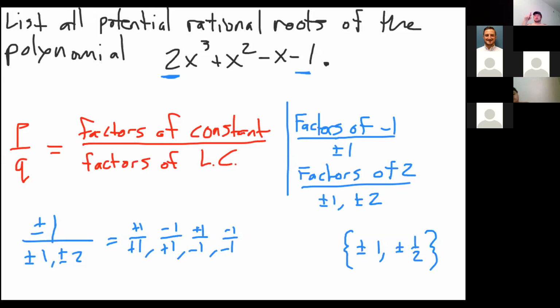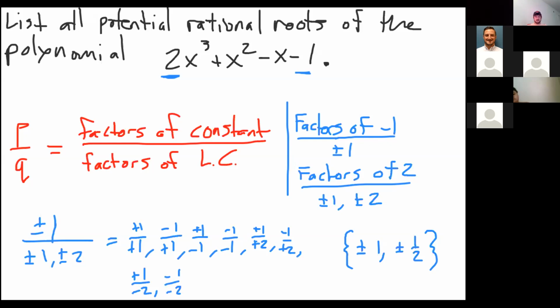I'm listing out every possible combination, positive and negative. Of those, I could do positive 1 divided by positive 2, negative 1 divided by positive 2, positive 1 divided by a negative 2, and a negative 1 divided by a negative 2. So those are all the different combinations.